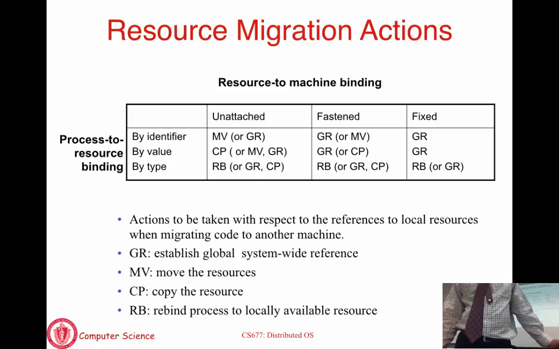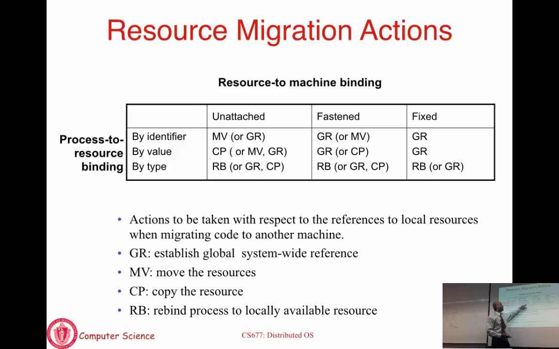Is it clear what that table is? There are many other options, but the real takeaway is if it's unattached, you would rather just move it because it's cheap to move. If it's fastened, you rather provide remote access. If it is a loose binding by type, then you can also do rebind, because even if it's unattached and by type, why even pay the cost of moving it when you can just substitute it?